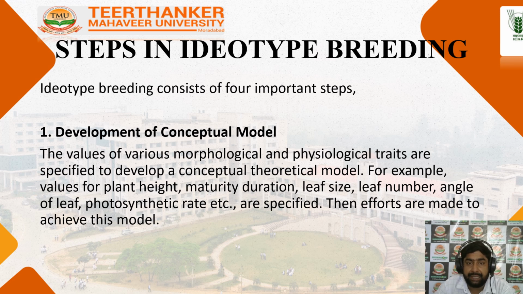The values of various morphological and physiological traits are specified to develop a conceptual model, for example, plant height, number of primary and secondary branches, maturity duration, leaf size, number of leaves, angle of leaves, and weight and length of pods, needed to achieve this model.